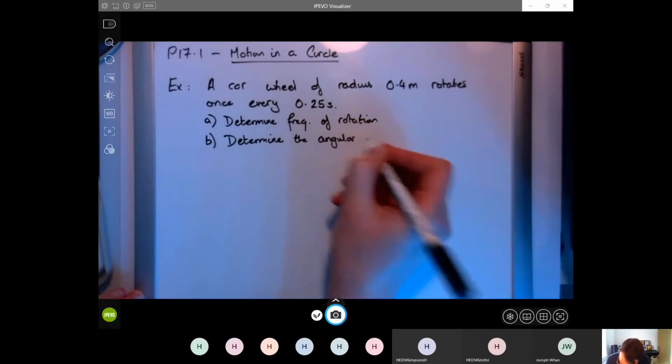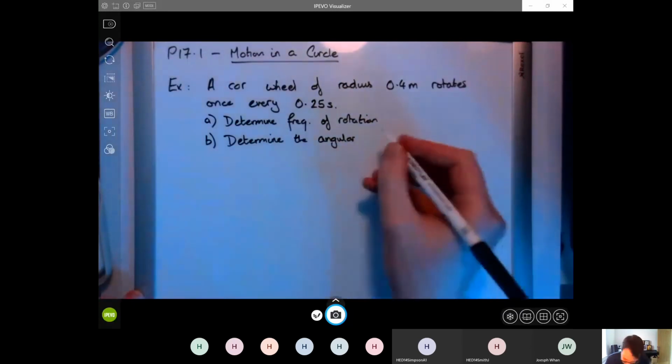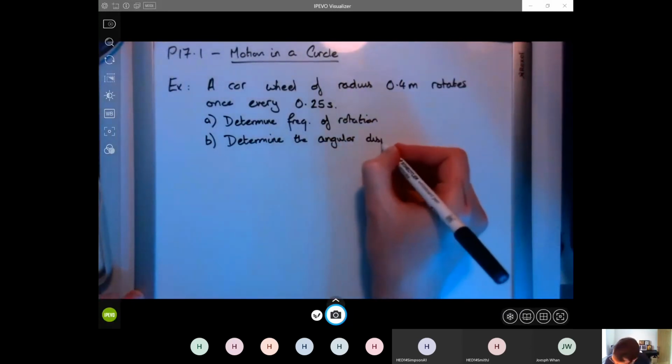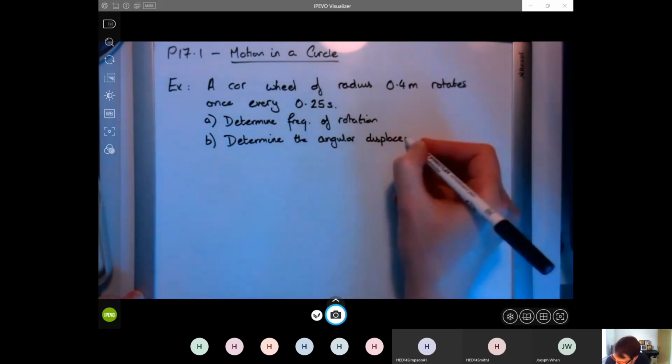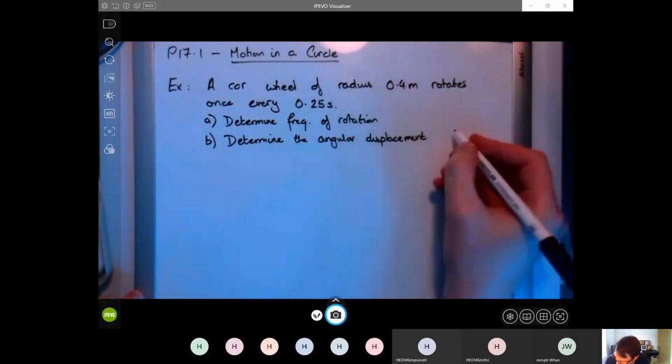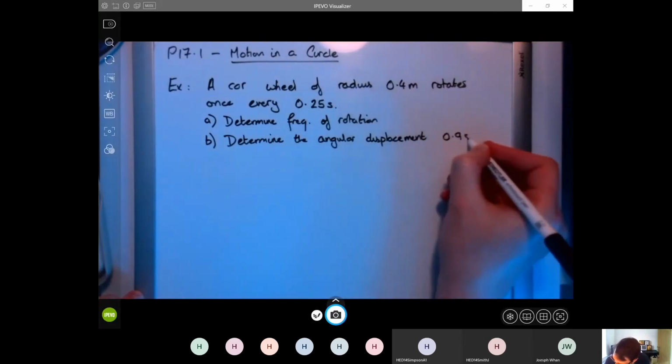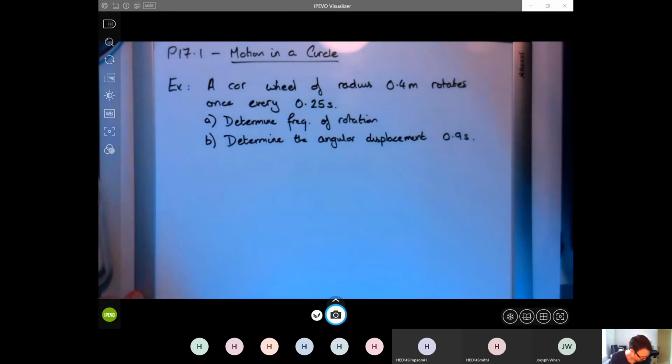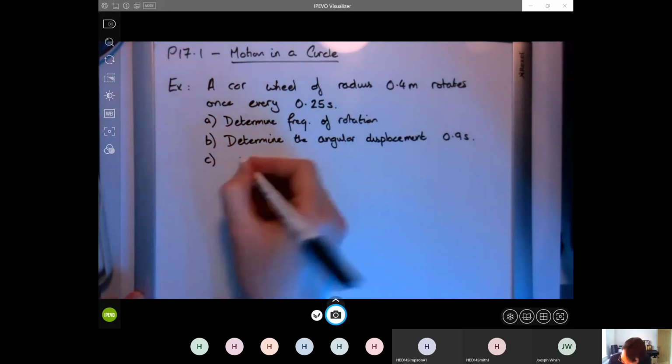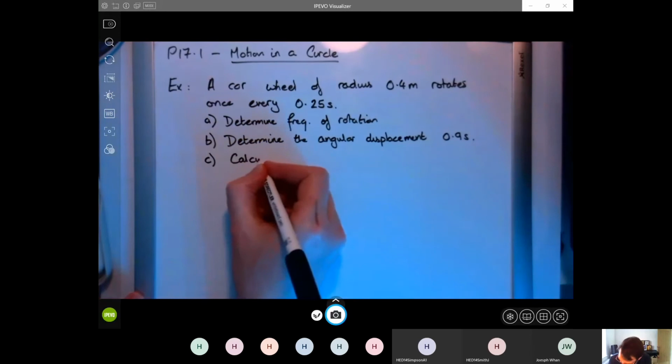I think 2.5 seconds is too long. Let's change it: angular displacement in 0.9 seconds. Let's make it horrible. And then C, we want to calculate the angular speed.